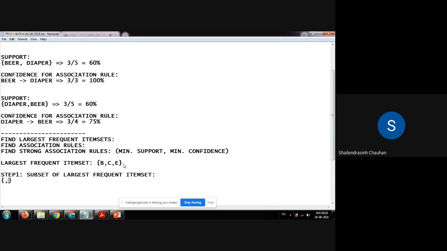So a subset can be B, can be C, can be E, can be BC, can be BE, can be CE. These are the subsets except null. Now based on these subsets, you need to find out the rules. How is it possible?